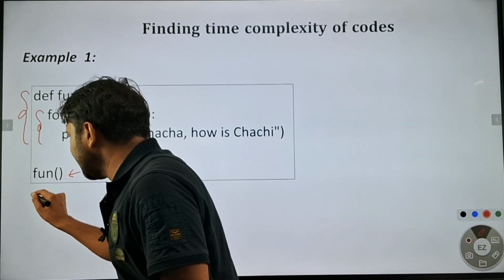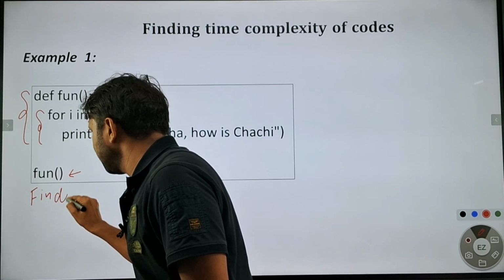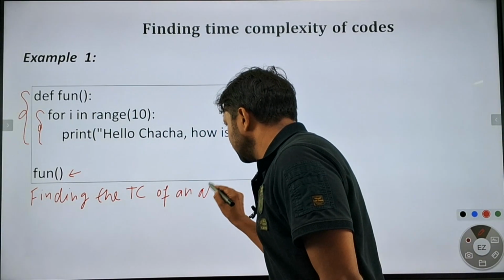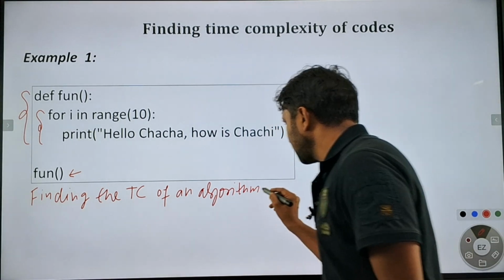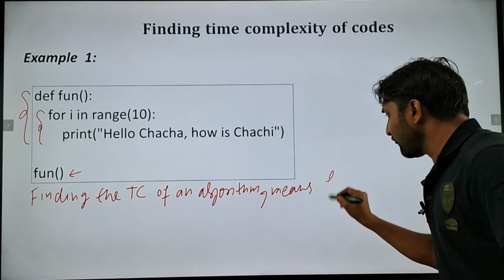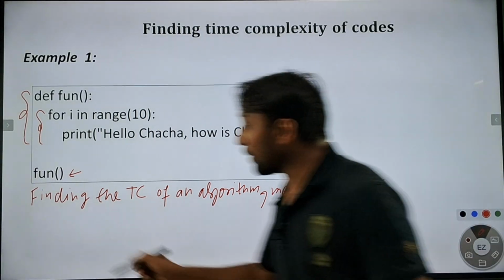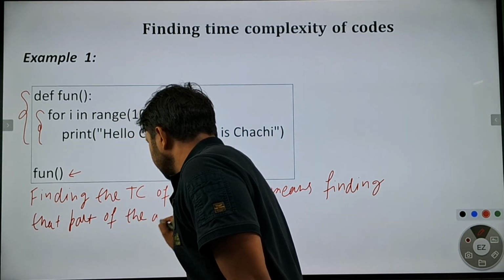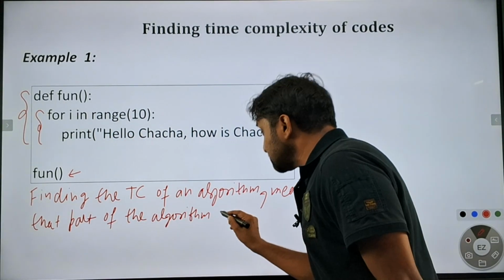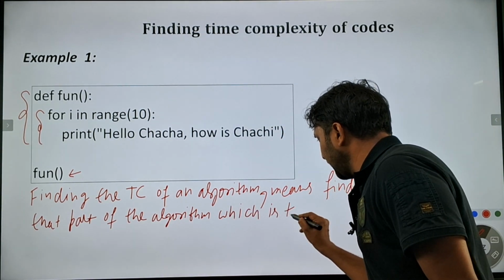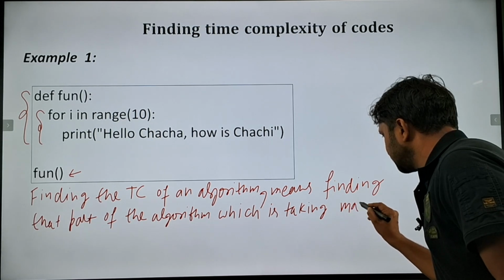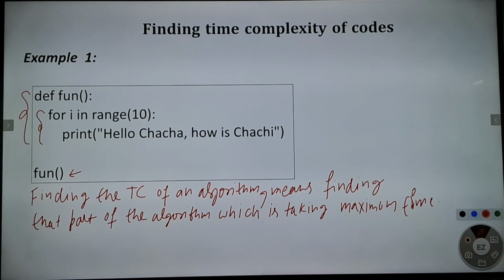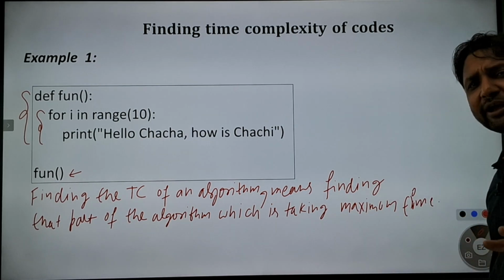Finding the time complexity of an algorithm means finding that part of the algorithm which is taking maximum time. So this definition you can apply to any code to find out its time complexity.